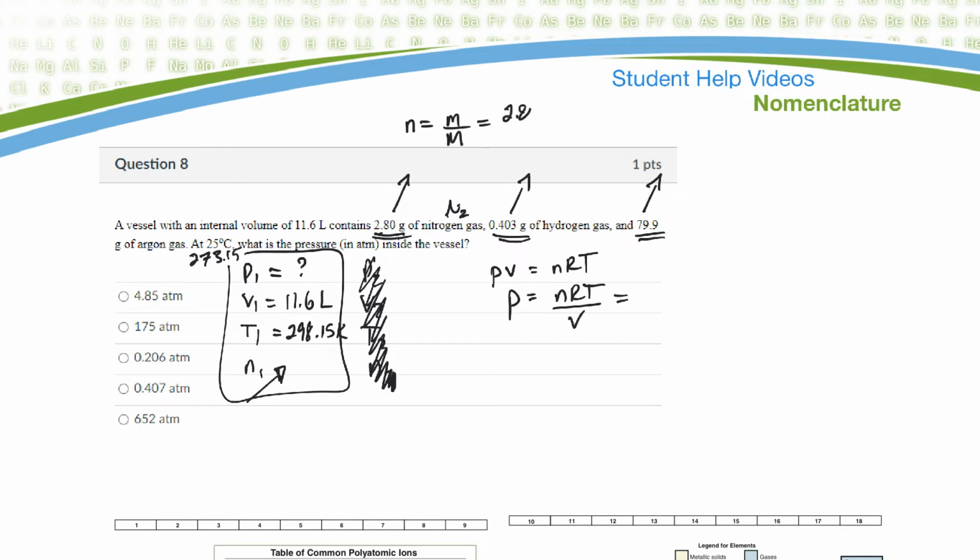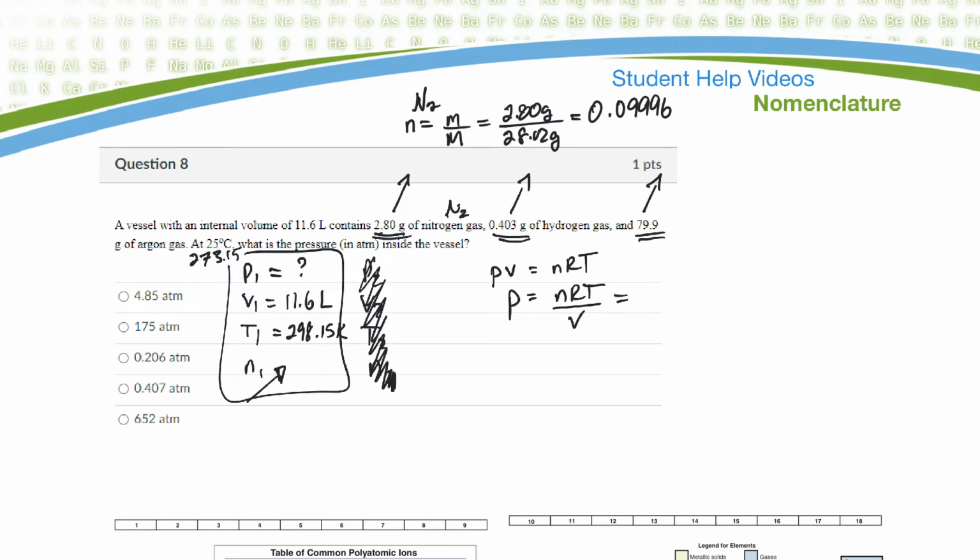Mass is 2.80 grams divided by the molar mass. 14.01 times 2 would be 28.02 grams per mole. So for the moles of nitrogen, I'll do that on my calculator: 2.8 divided by 28.01, so that's 0.09996, etc. moles of nitrogen.